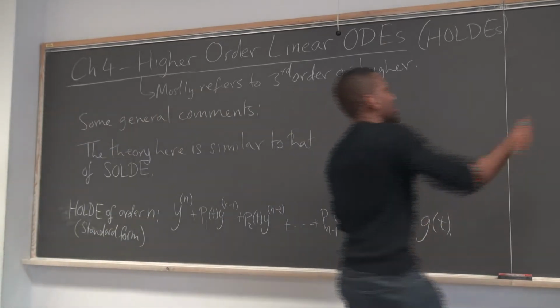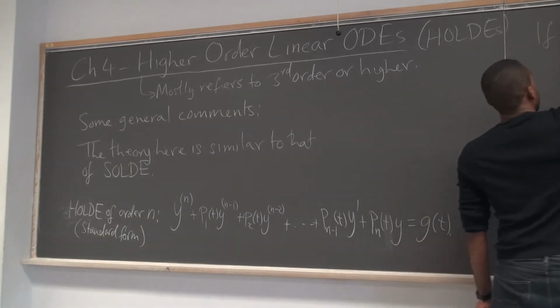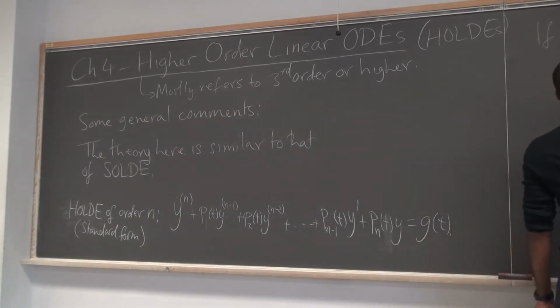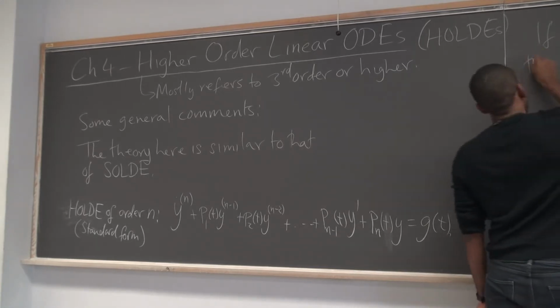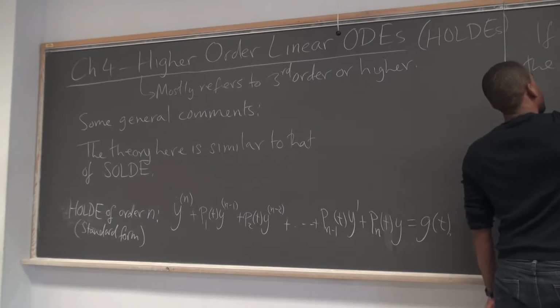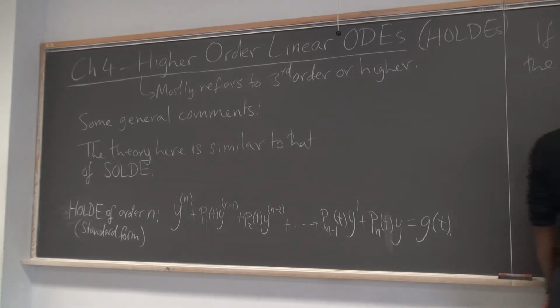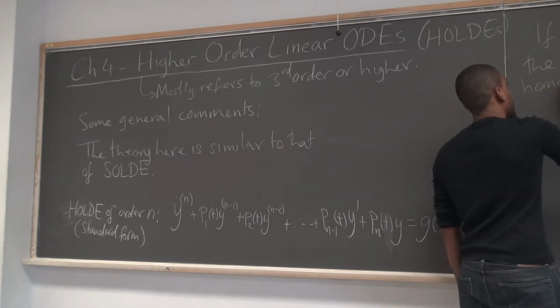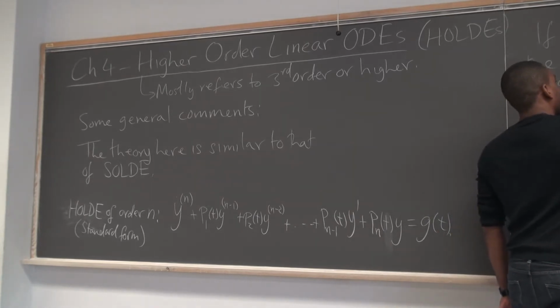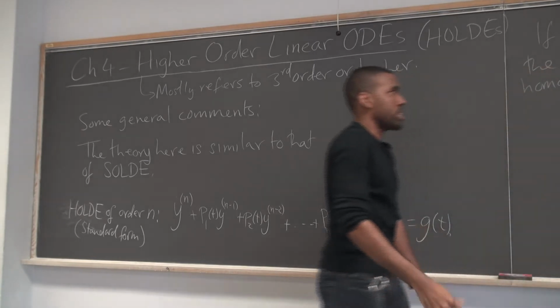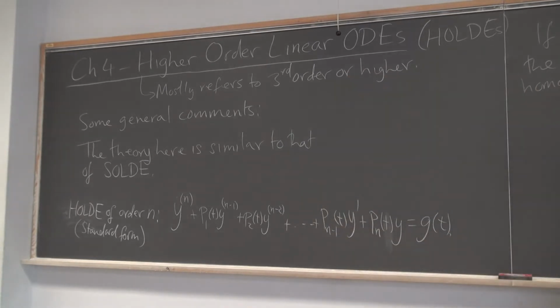And similarly, if g of t equals 0 for all t, it's called homogeneous. And a lot of things that we expect to have from second order differential equations we also have here.